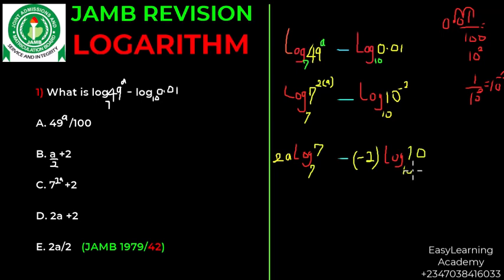Now from the law of logarithm, any log of a number to that same number as a base is going to be 1. So we now have 2a, in a bracket, times 1, because log 7 base 7 is 1.